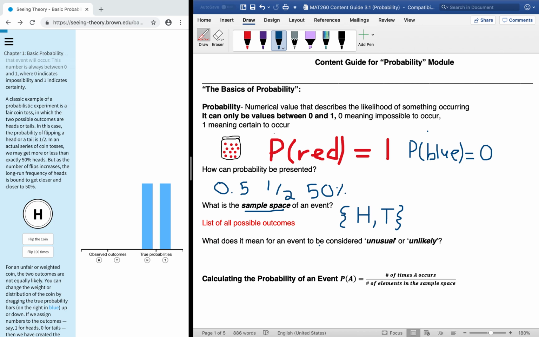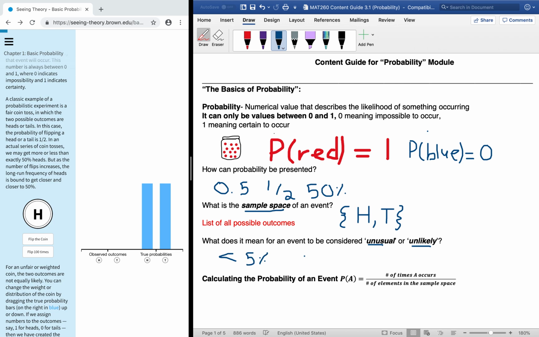Now sometimes we want to see if an event is unusual or unlikely. So when events are considered unusual or unlikely, that means there's a less than 5% chance of them happening. So less than 5% chance.